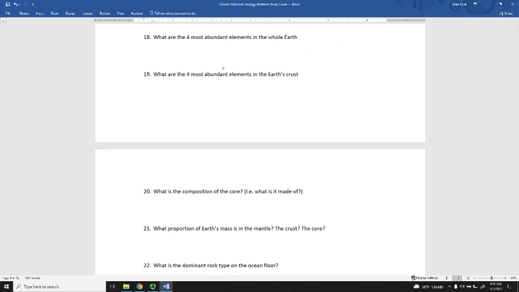Okay, 4 most abundant elements in the whole Earth. You should know that. Starting with iron, silicon, oxygen, and magnesium. Now in the crust, it's a little bit different. Be very careful when you're answering these questions. Make sure: am I talking about the whole Earth, or the crust, or the mantle?